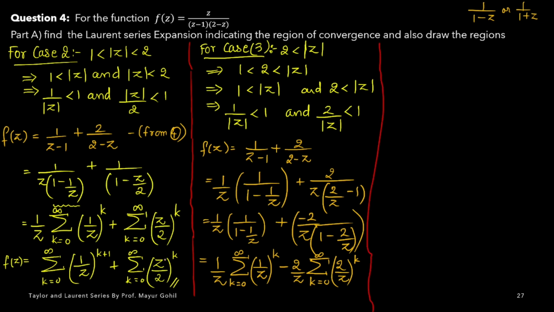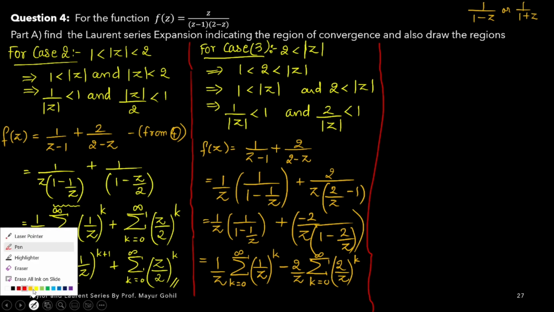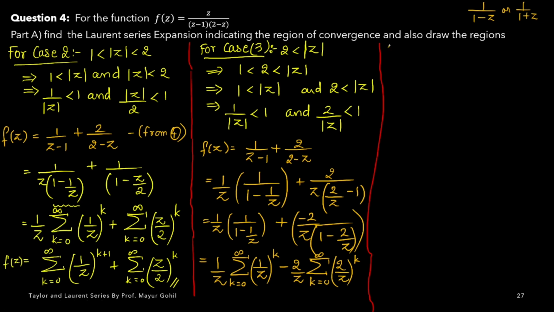So f of z can be now, you take this 1 upon z inside, so the power of k will increase. You have 1 upon z to the power k plus 1, and k will start from 0 and end on infinity.